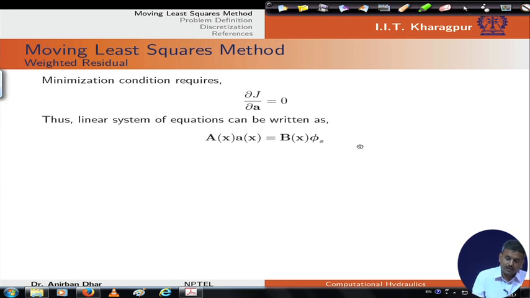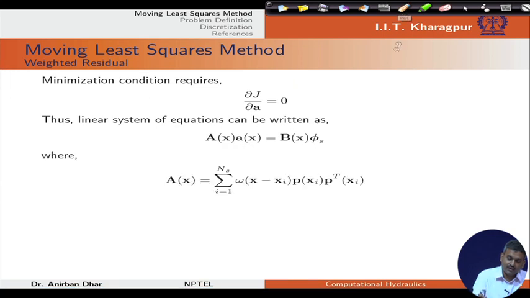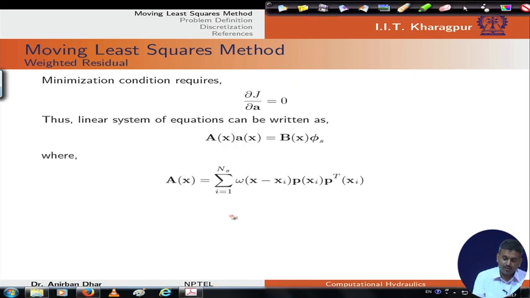So, this linear system is A into Ax, where your A is again represented in terms of W x minus xi, p xi and p transpose xi.